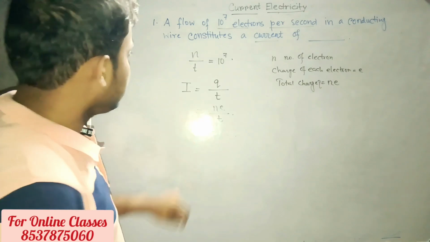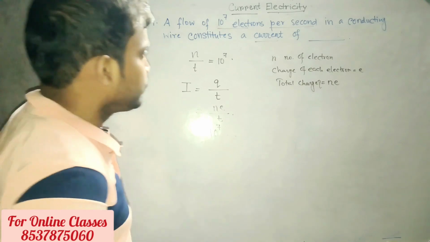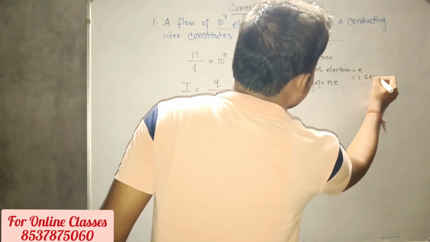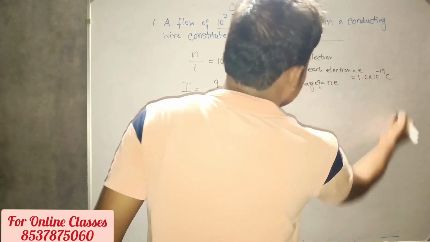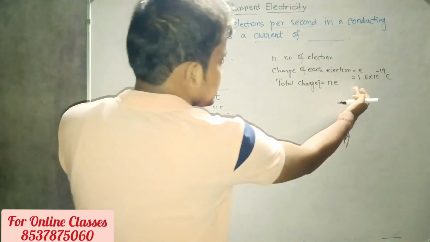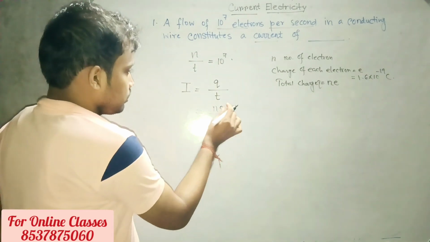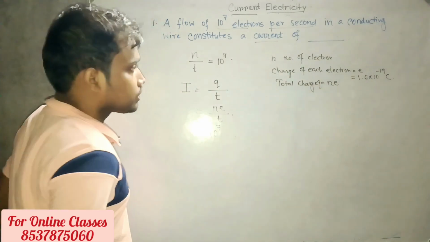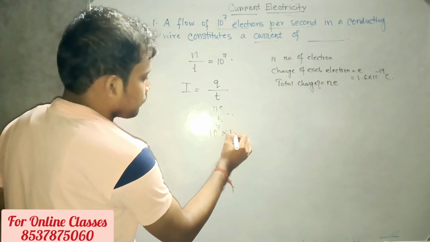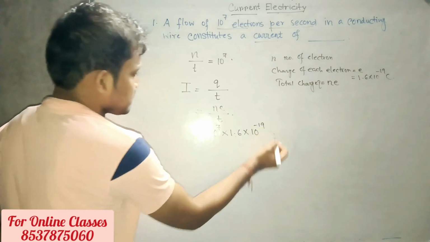Now we know n by t is 10 to the power 7. And what is the charge of an electron? We know the charge of an electron is 1.6 into 10 to the power minus 19 coulomb, and it is negative.